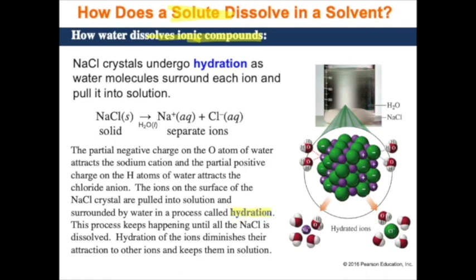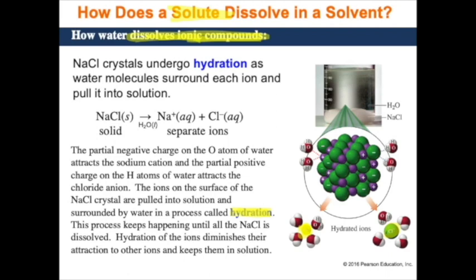So this process where ionic compounds dissolve in water is called hydration, where each ion of, for instance, NaCl, meaning the Na plus and Cl minus ions, interact with water and are surrounded by water.